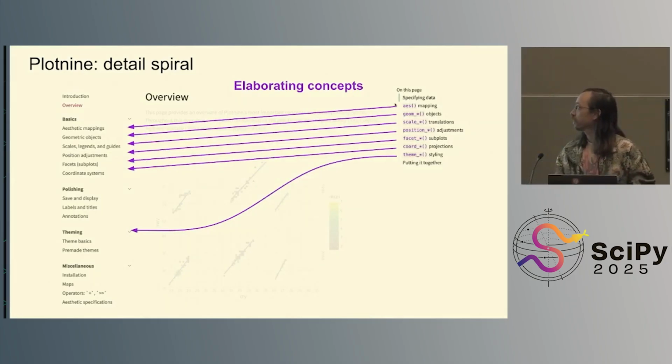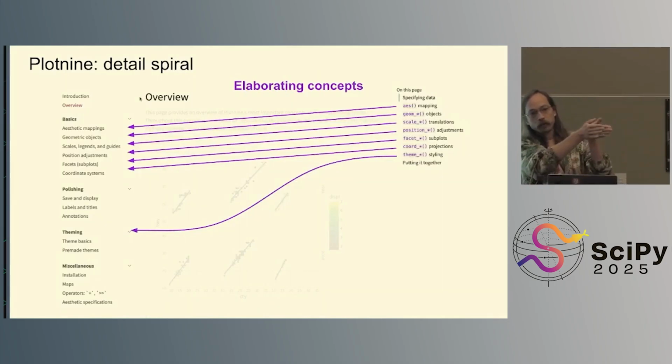So you can see this thing called AES, which is short for aesthetic mapping, is then covered in detail. I'll call this a detail spiral. The overview page covers each of these things in brief, and then a subsequent section, basics, goes into detail on each of these pieces in depth.